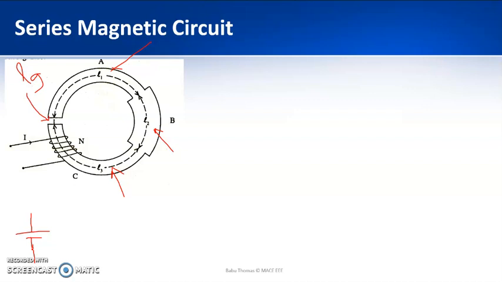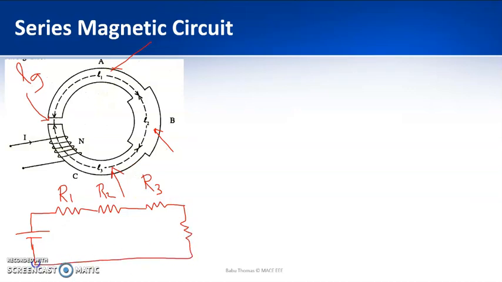And resistance and reluctance are equivalent in the electric and magnetic circuit. So therefore, I will draw these resistances. This is R1, this is R2, this is R3, and this is Rg. So this is your EMF source.